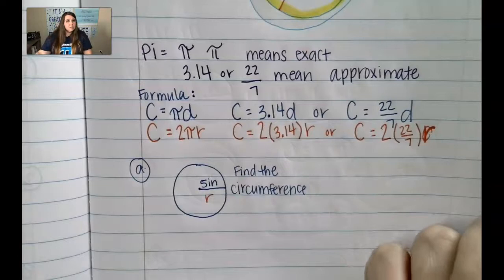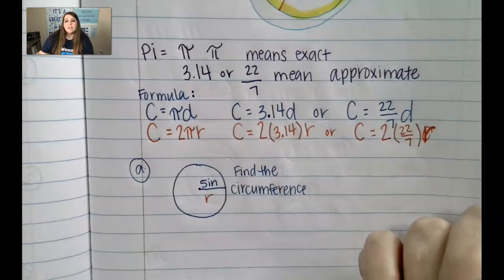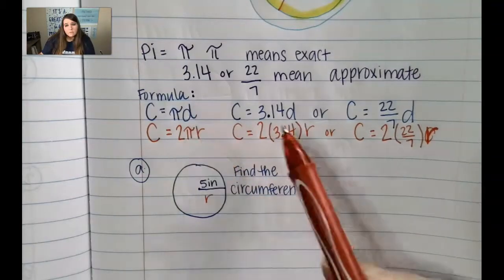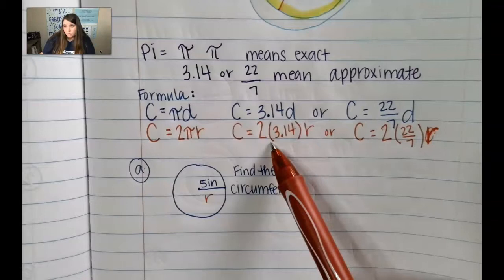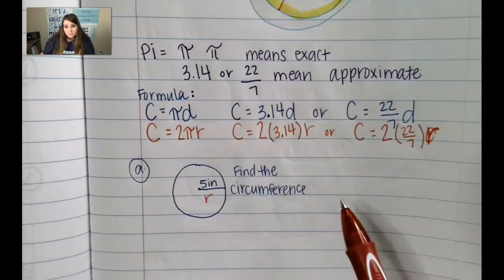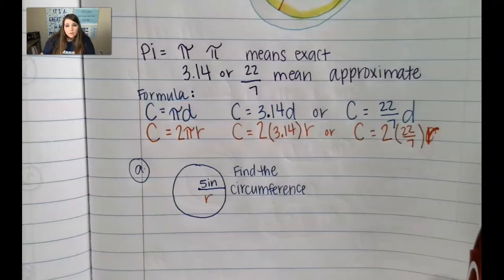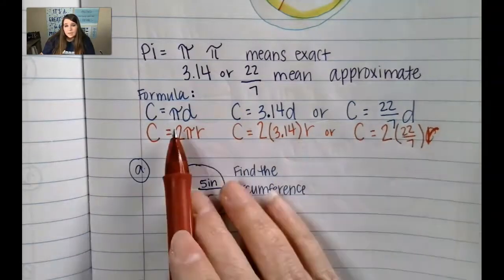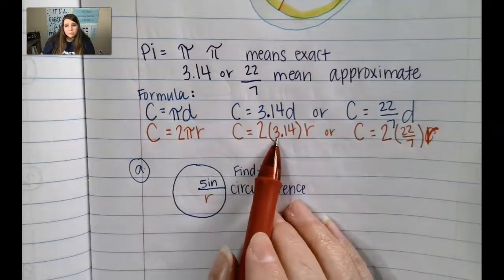So we're just going to use the radius and find it using either the pi symbol, 3.14, or 22/7.